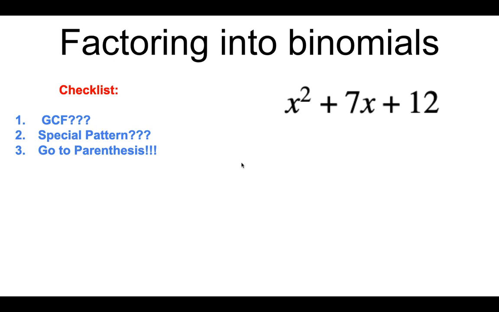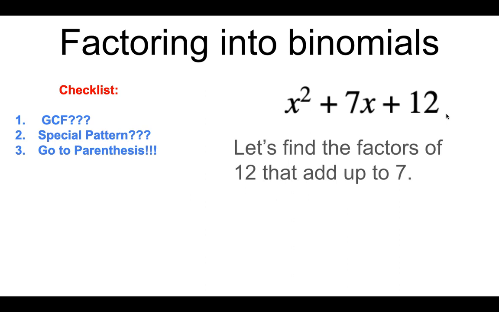So when we do this, before you go to parentheses, you're going to be looking at the constant. In this case, the constant is a positive 12. So let's find the factors of positive 12 that add up to 7. I hope everyone's thinking that would be 3 and 4, because 3 times 4 is 12 and 3 plus 4 adds to 7. So if you identify those factors, this is the way you break it down.